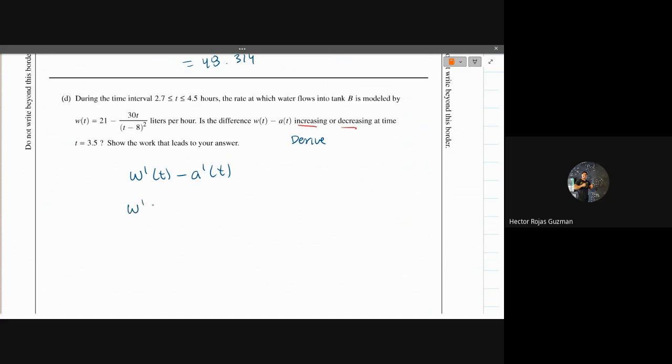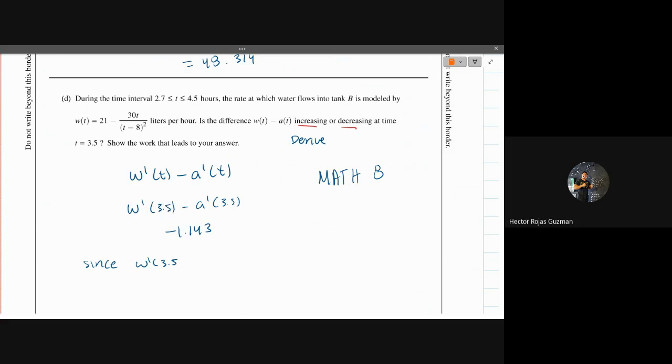Then you're going to plug in your 3.5. Use your calculator, Math 8. You won't have to find the derivative. The calculator is going to derive it for you and evaluate it for you. When you do that, you're going to get negative 1.143. Here, it's not 51, it's 5.